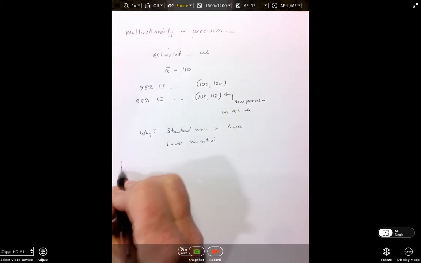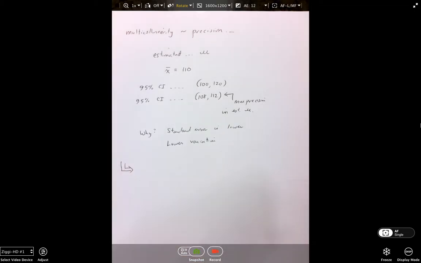So, guys, it should be no surprise then that in studying the effects of multicollinearity, where one of the indications is an extra wide confidence interval, the same thing holds for regression coefficients.